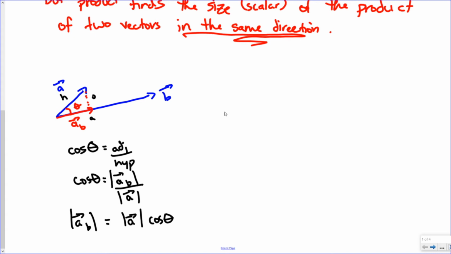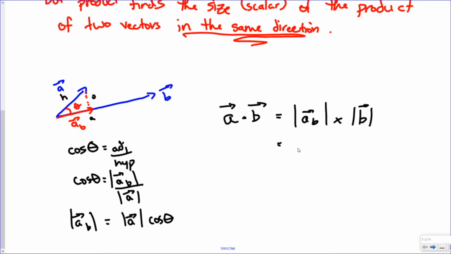So putting this all together, if I want the dot product of A and B, so A dot B, what do I need? Well, it's in the same direction, so it's A sub B times B. And again, we're just using absolute value here, so forgetting about our signs.